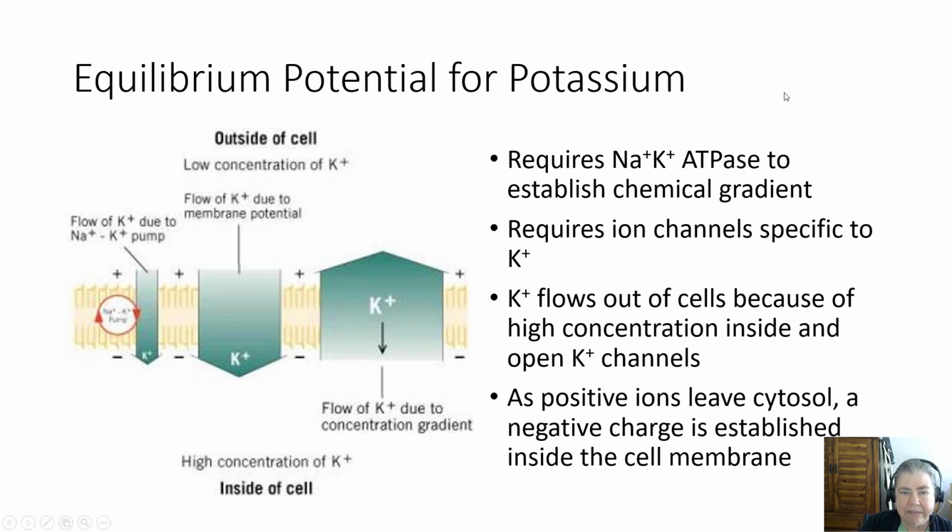So let's look at what happens. We have the sodium potassium ATPase that is establishing a chemical gradient, okay, where we have on the outside of the cell low concentrations of potassium and on the inside of the cell high concentrations of potassium. We also have some ion channels that are specific to potassium.